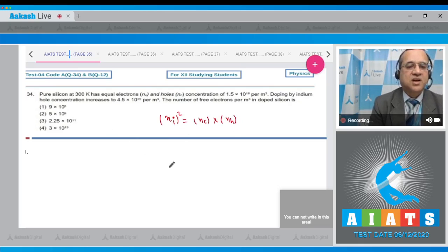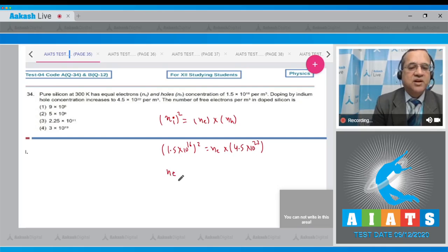Now, this is given 1.5 into 10^16 squared, and it should be equal to the number density of electrons into 4.5 × 10^22. So this will give the number density for the electrons as 1.5 × 10^16 squared divided by 4.5 into 10^22.